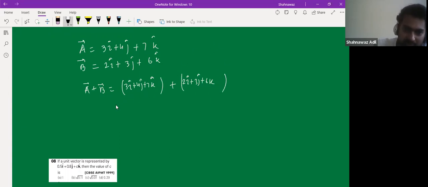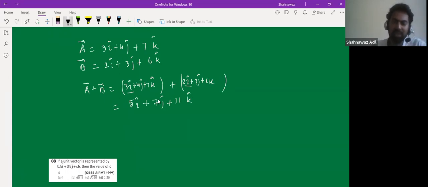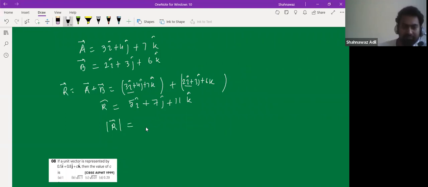So the total will be simply I with I, the like terms add to each other. So 5i, 7j and 13k. Okay. And what will be the magnitude of this vector A plus B? So what will be the magnitude of this vector? Anyone?